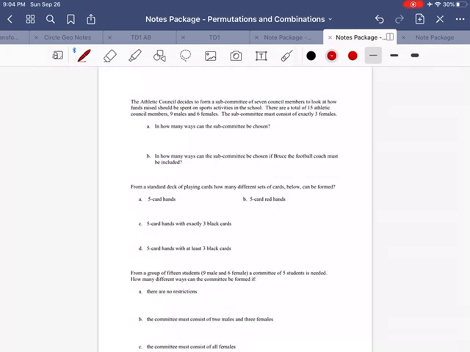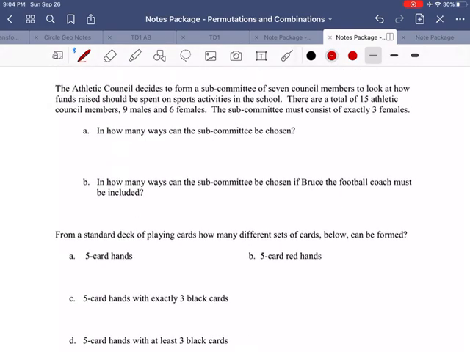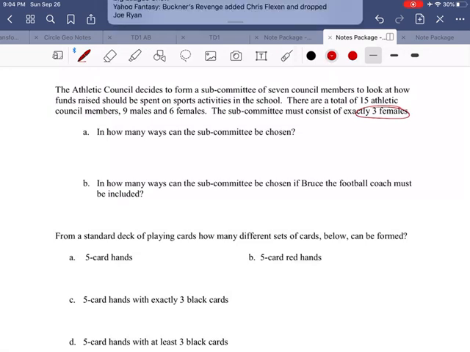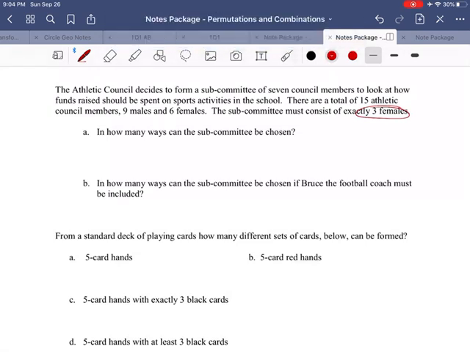The athletic council decides to form a subcommittee, and there are 15 council members, 9 males and 6 females. The subcommittee must consist of exactly 3 females. Okay, so how do we go about doing this?